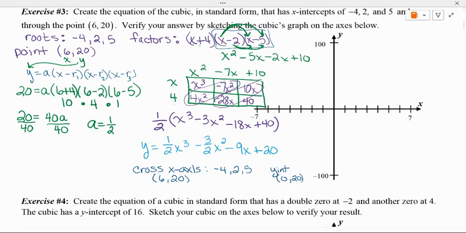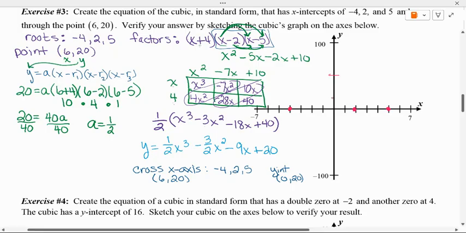5 points. I'm going to start with my roots. So let's see, negative 1, 2, 3, 4. I want this to be in red. Negative 1, 2, 3, 4. And then I have the root positive 2. And I have the root positive 3, 4, 5. I cross my y-axis at positive 20.